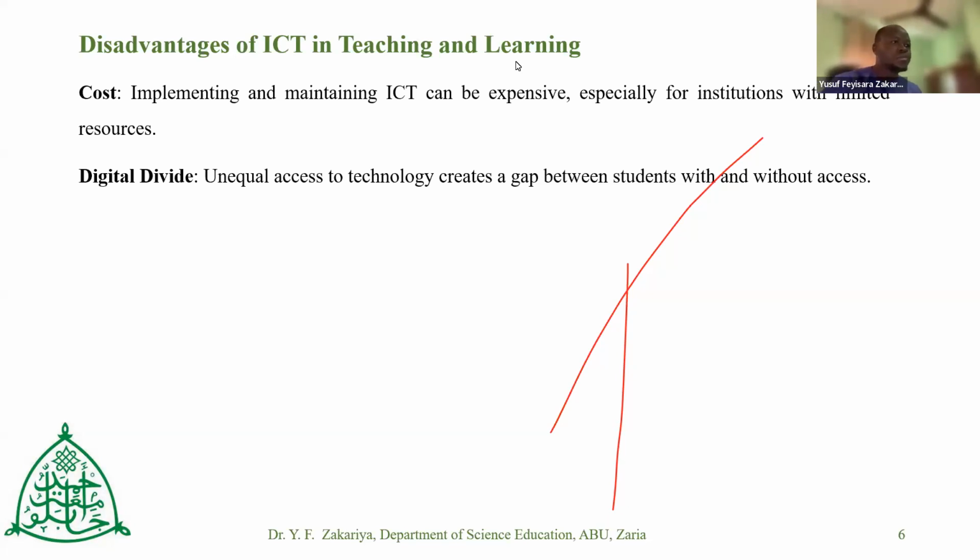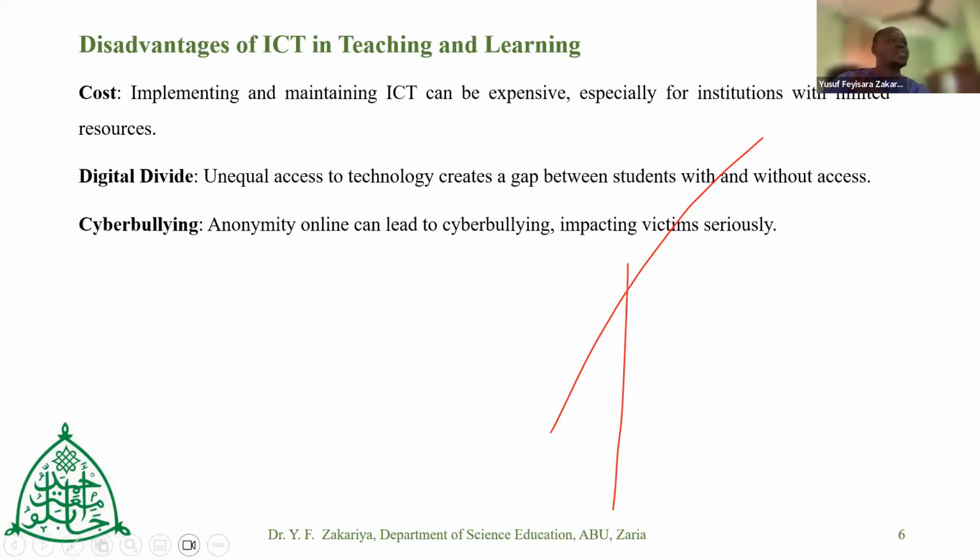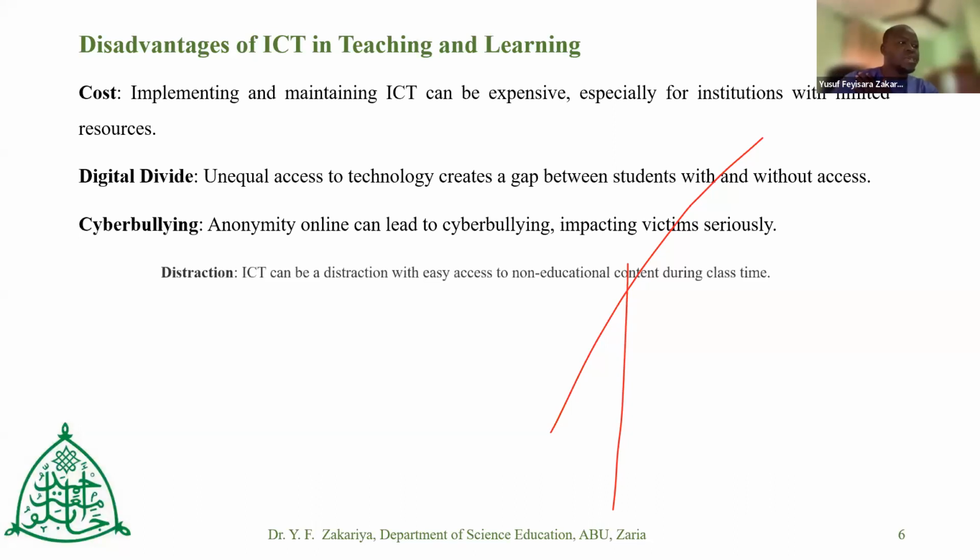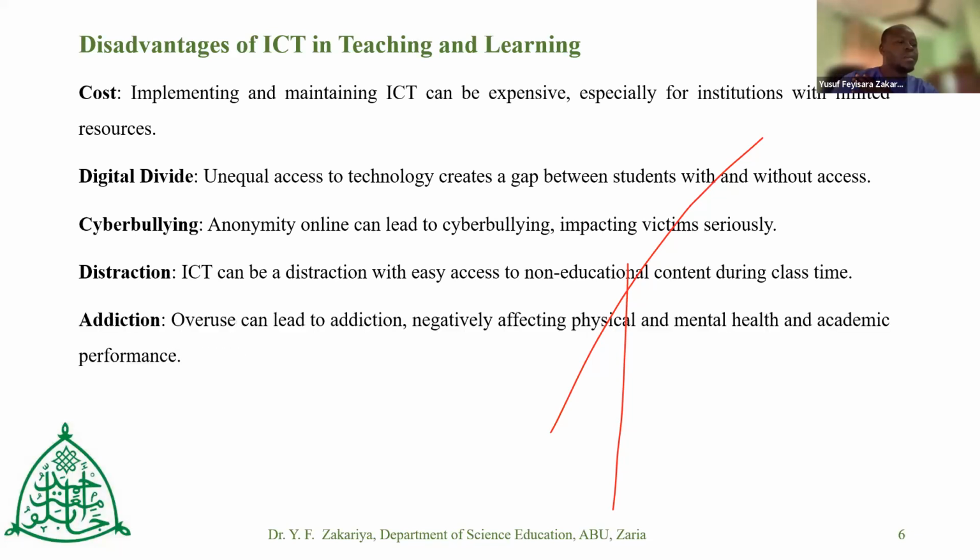Okay. So to proceed, we also mentioned as a disadvantage of ICT in our last class, cyber bullying. There can be some people who are bullying others online. And then we also mentioned that there could be distraction. So like what we said, ICT can lead to distraction.